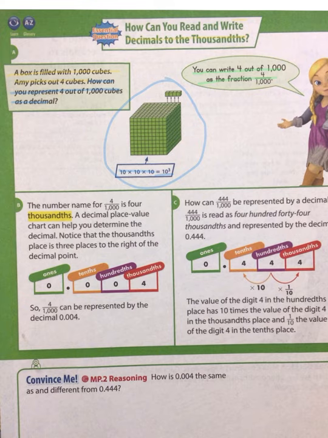So we're going to have our ones place and then our decimal, which I'm going to put in blue, and then we're going to have our other places, which are our tenths, hundredths, and thousandths. So we have 0 in our ones place, 0 in our tenths place, 0 in our hundredths place, and we have a 4 in our thousandths place. That's how we would write 4 thousandths.